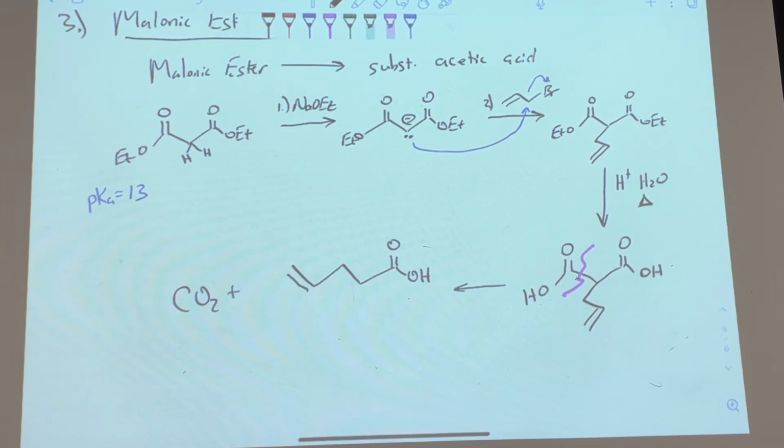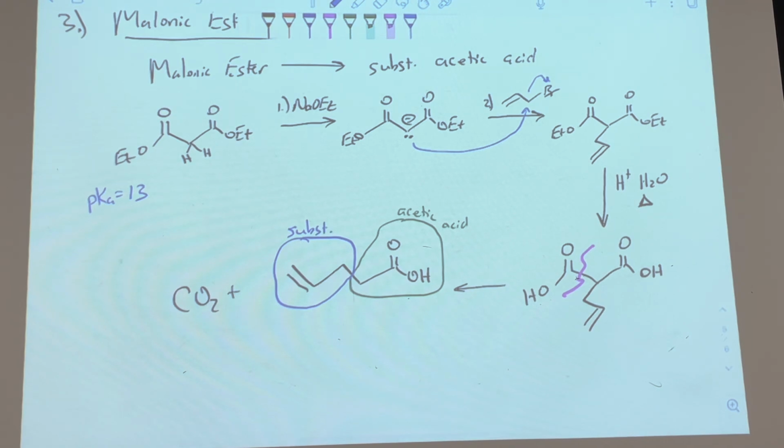So you can see that what we've got here is an acetic acid, 2-carbon carboxylic acid, and there is what we substituted up there.